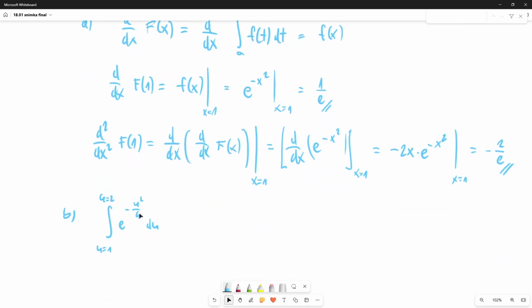So our minus t squared has to be equal to minus u squared over 4. This can be achieved by a substitution where t is equal to u over 2. Therefore, we obtain that du is equal to 2 times dt.